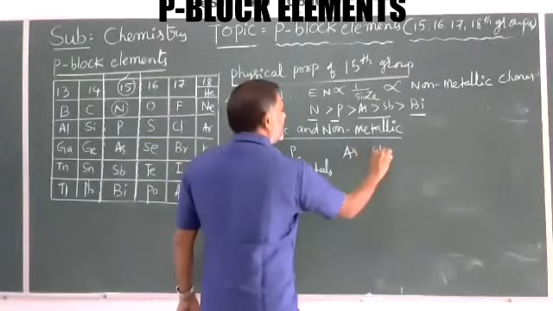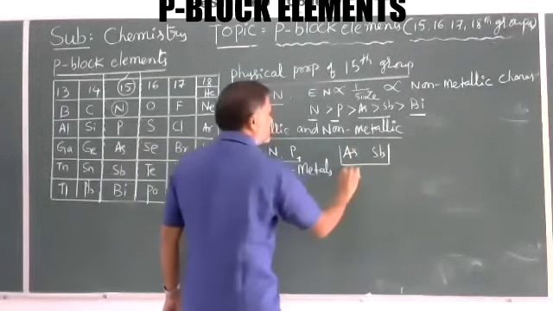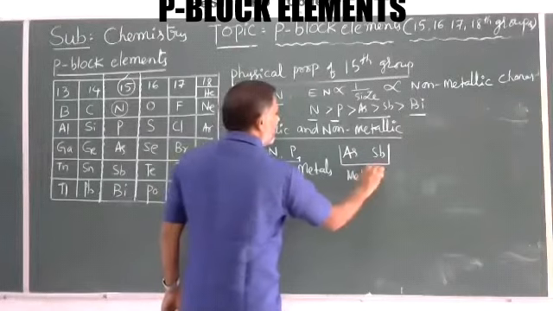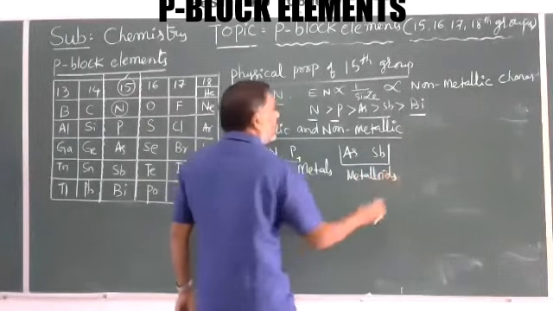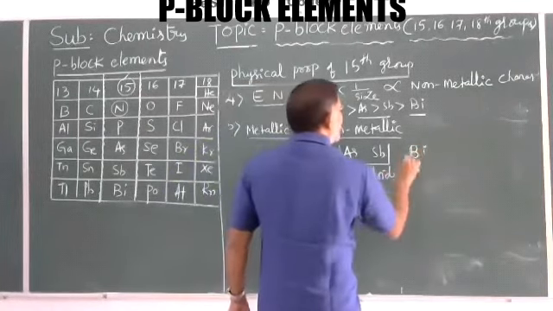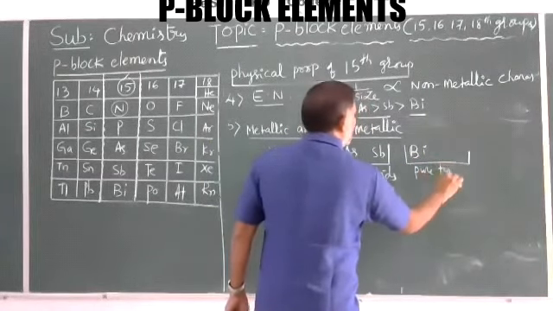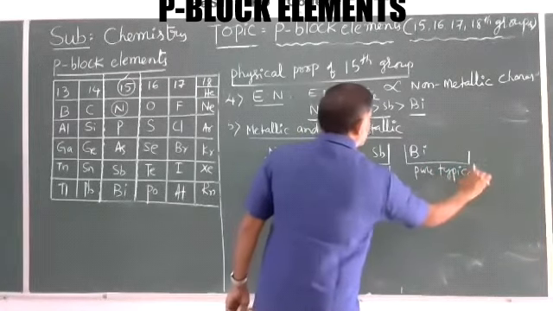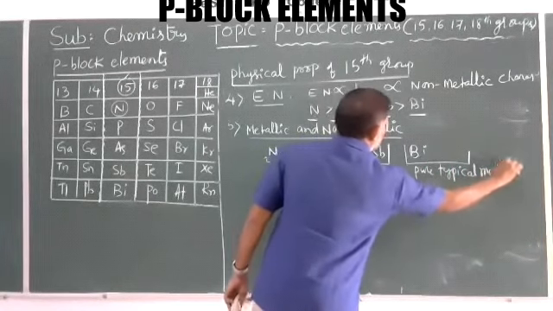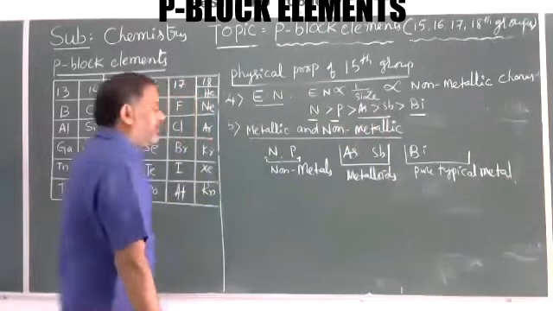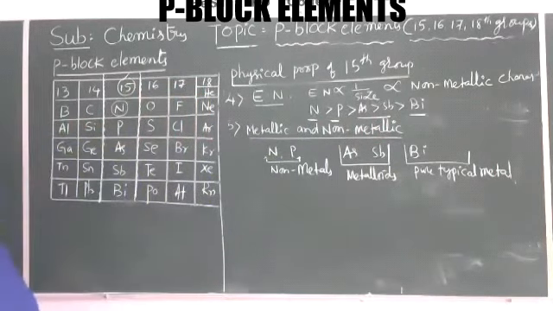Arsenic and antimony are metalloids. And bismuth is a pure typical metal. Okay, that covers the metallic and non-metallic characters.